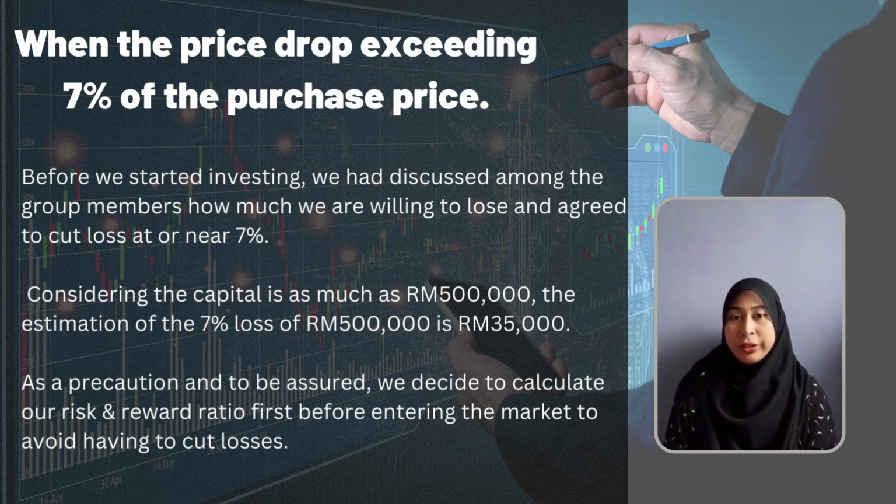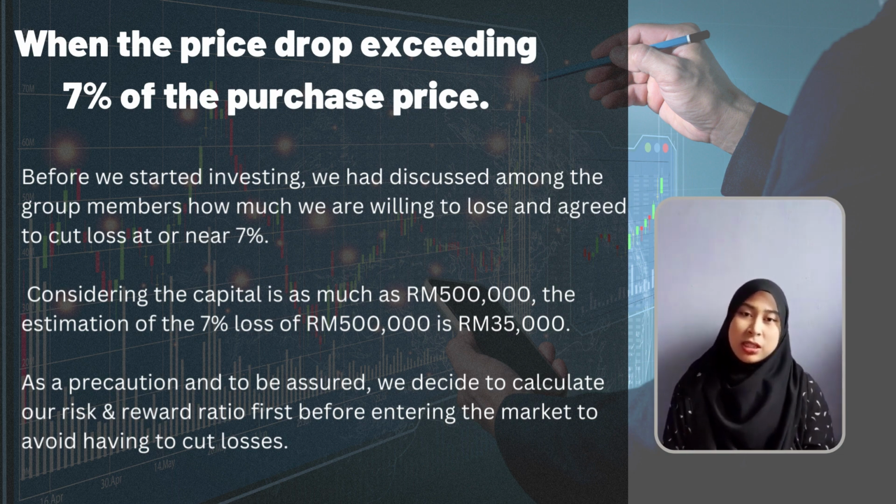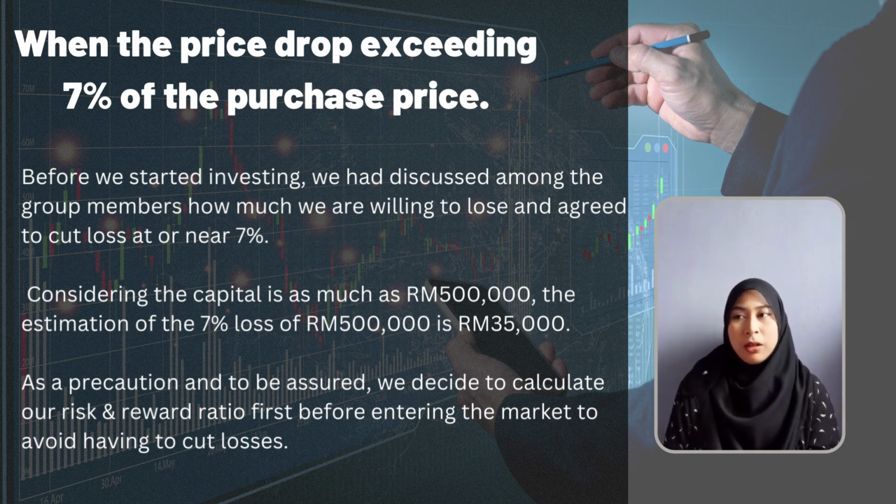While executing the trading plan, all the group members had already agreed to cut loss at 7% from the purchase price of our investments. From this, we learned that cutting losses can quickly prevent us from suffering devastating losses that are too steep to recover from.